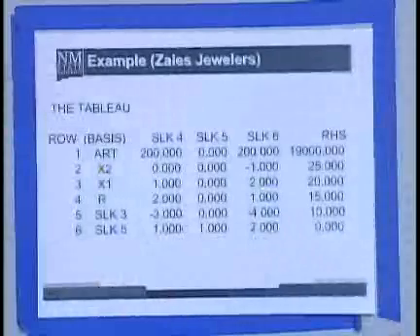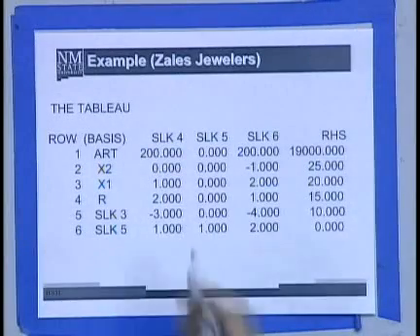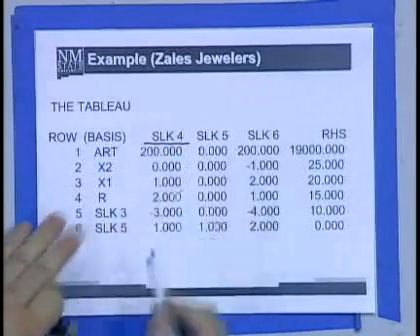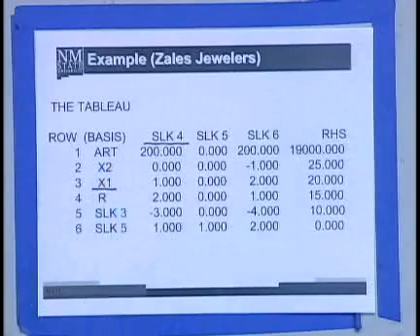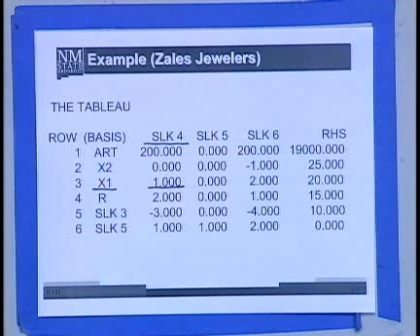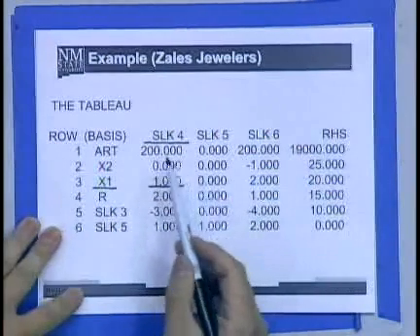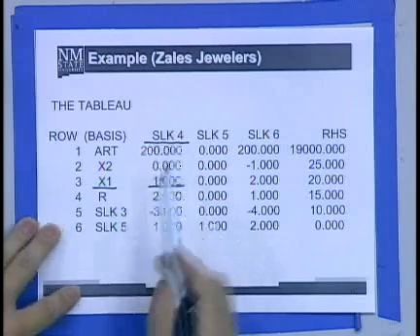Okay, here the substitution rate of slack 4 for x1 variable is positive 1, right? And the positive sign means the change in x1 variable is opposite to that of slack 4.